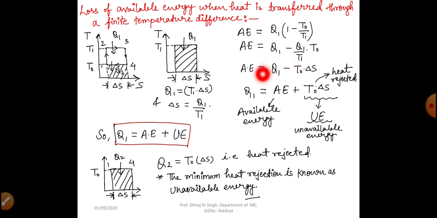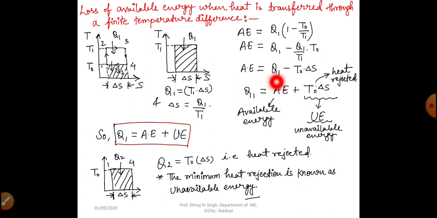And dear students, we can write this Q1 by T1 as delta S. Why? If we want to find out the reversible heat transfer Q1, this is the temperature T1 and this is the change in entropy delta S. So Q1 can be written as T1 delta S, and from here delta S equals Q1 by T1. Right? So here we have written Q1 by T1 as delta S.